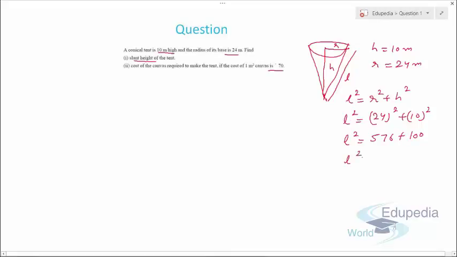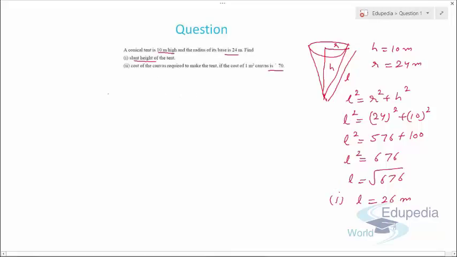So L square is 676. So L can be written as under root 676. So when we take under root of 676, the answer comes out to be 26 meter. So this is how we can find the slant height. So this is the solution to the first part.